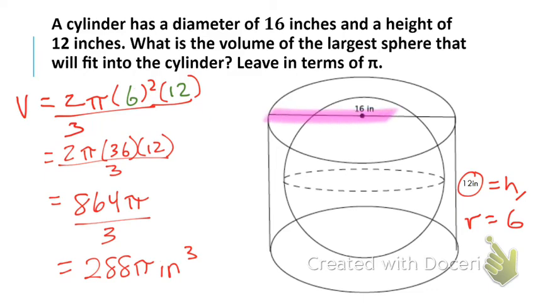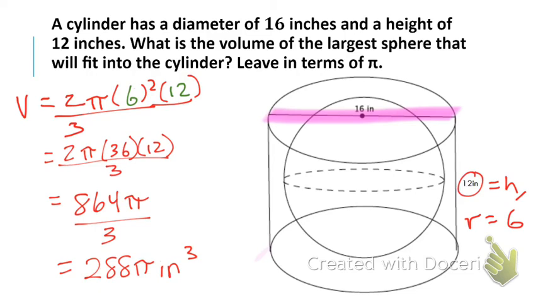Even though the diameter of the cylinder is 16 inches, we can't really use that for the height of the sphere, because if we had a sphere with a height of 16 inches, when it's standing up, measured vertically, it would be a lot more than the actual height of the cylinder. It would stick out of that cylinder because it would be too tall, right?